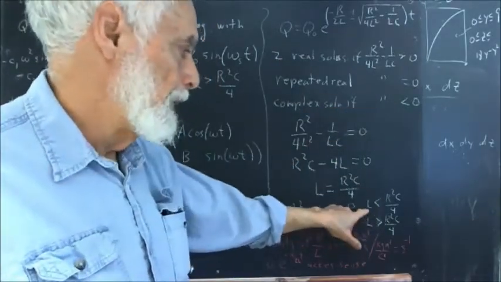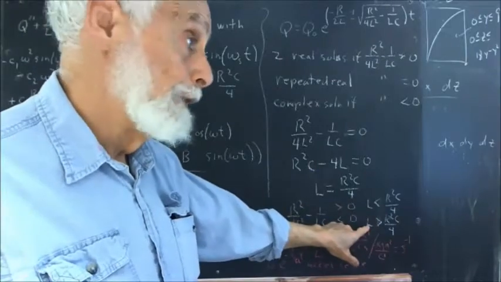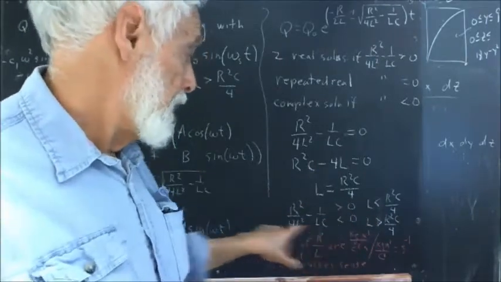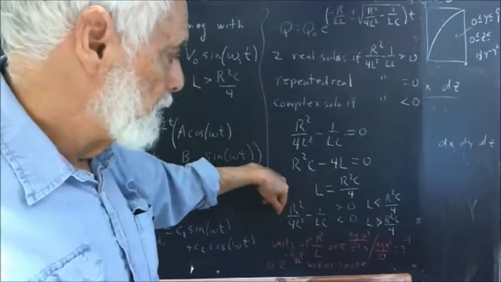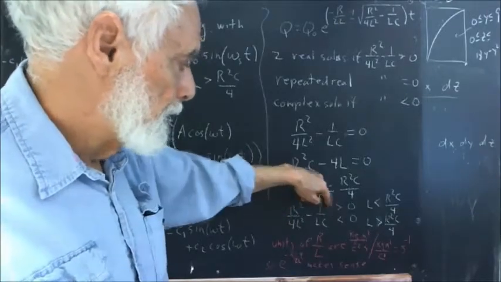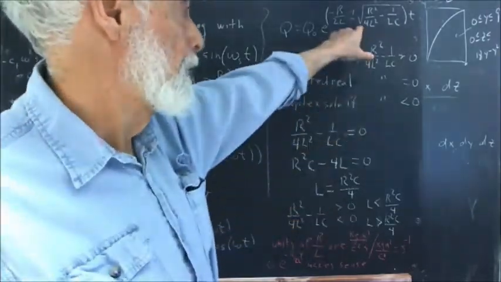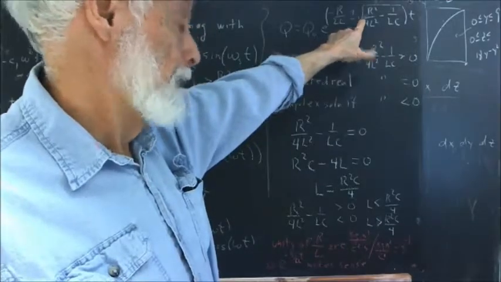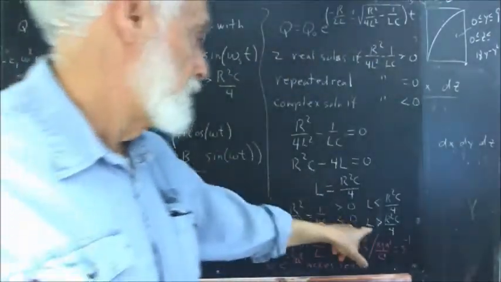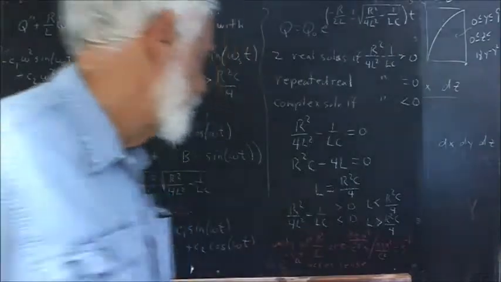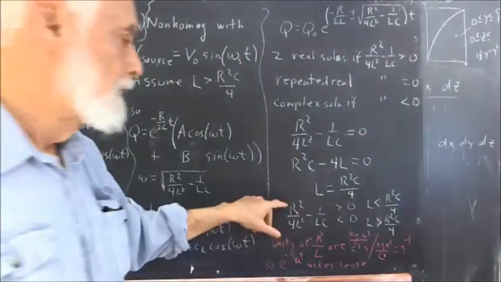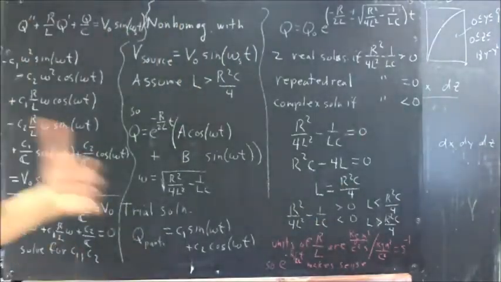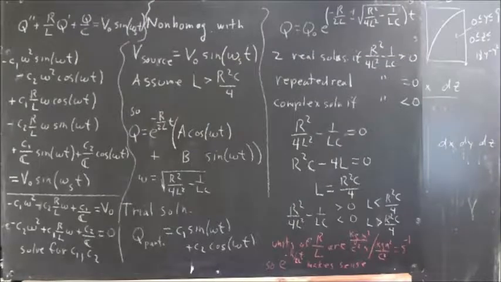The oscillatory behavior depends on having a large enough value of L. And of course, oscillatory behavior is what occurs when this expression is less than 0, making the square root imaginary. Okay, so if L is big enough, you have oscillatory behavior. If it's small, you have something very much like exponential behavior.